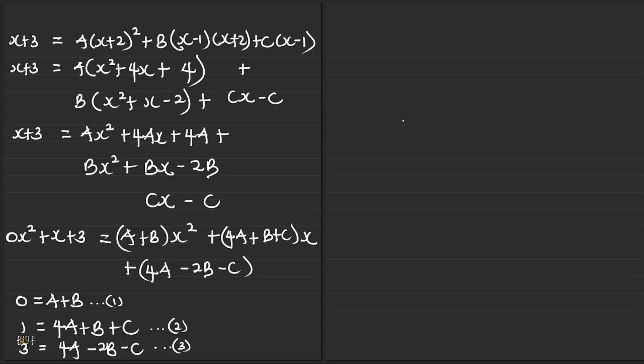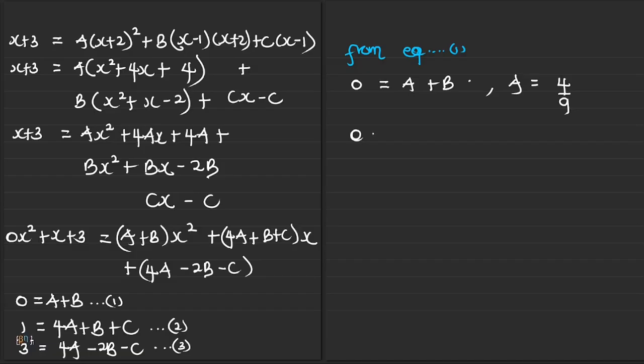Since it is b we want to solve, let's take the simplest equation where we'll get b. From equation 1, we have 0 is equal to a plus b. And we know our a, which we have solved to be 4 over 9. So let's substitute that.